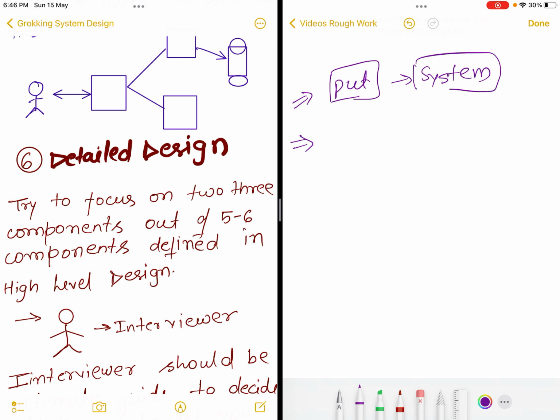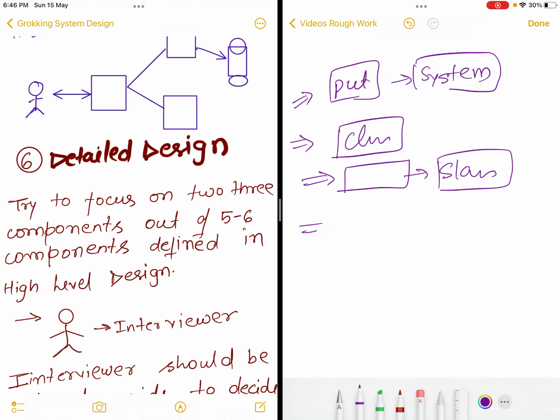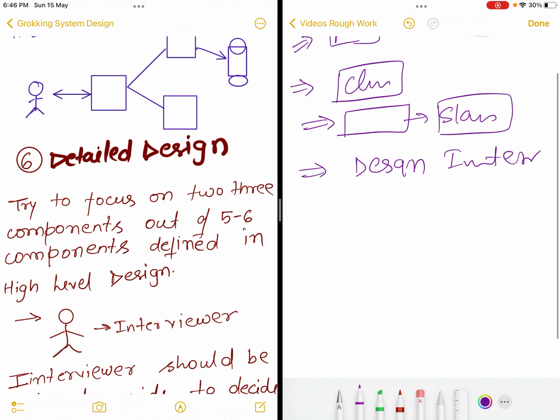So given that you have all the information, till now what we have done is we have clarified all the requirements, we have made a scale estimation, we have done how much scale we are going to have, we have designed the interfaces where all the APIs are written.